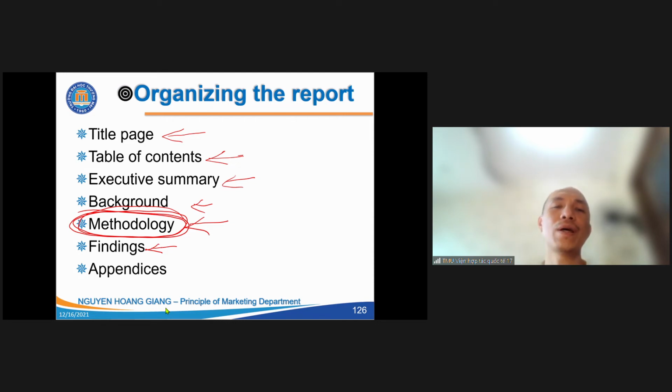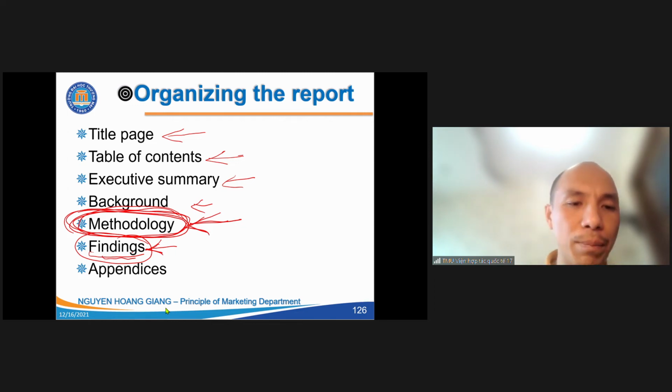But almost all the reports in our class only concentrate on the findings, and you almost forget or don't tell us clearly enough about the methodology. But the methodology is very important. Then the findings help us, and they consider whether your findings are suitable or not. It depends on the methodology you use. If you use the wrong way, then they can't use your data.